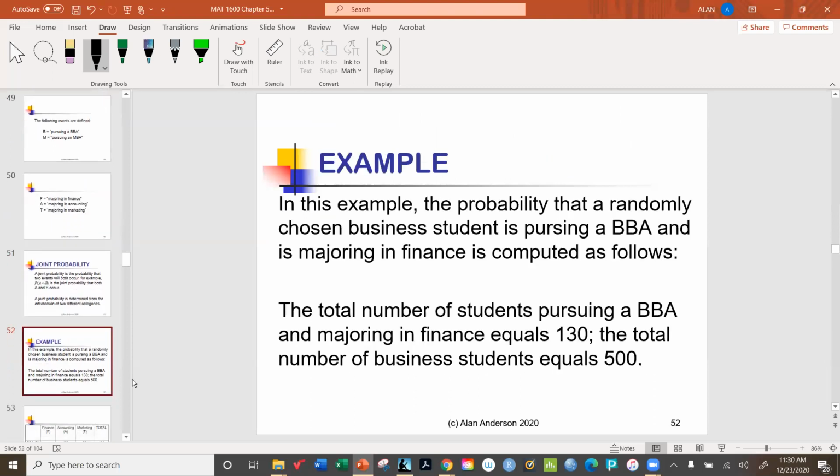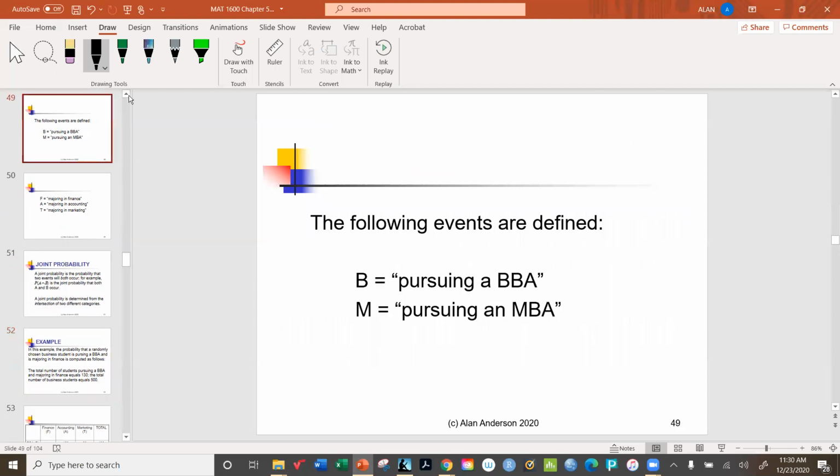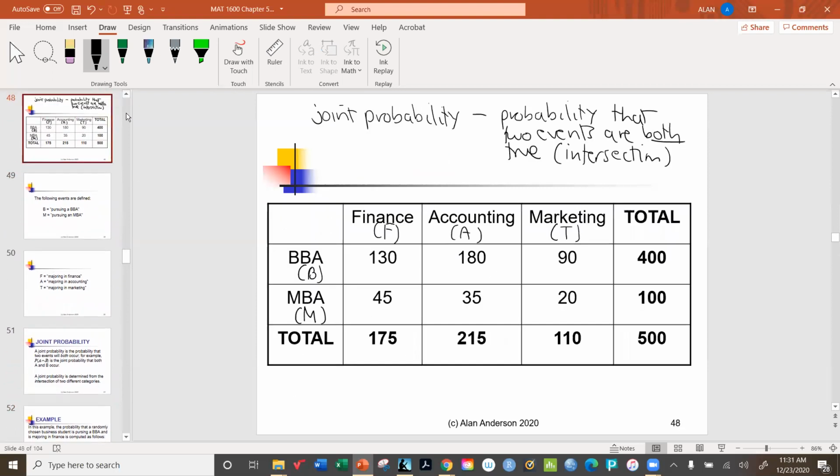What if, for example, I wanted to know the probability that a randomly chosen student is getting a bachelor's degree in finance? Let's go back to the chart for a minute. Well, look at this. 130 students are in both categories. In other words, they're getting a bachelor's degree in finance. There's also 500 students in the entire business school.